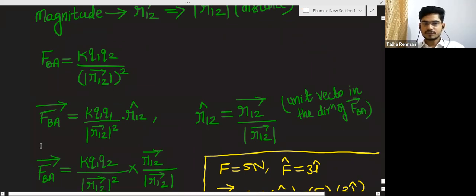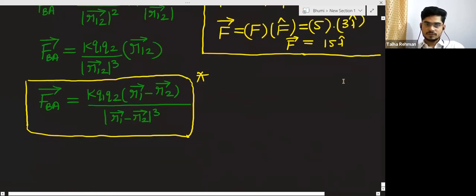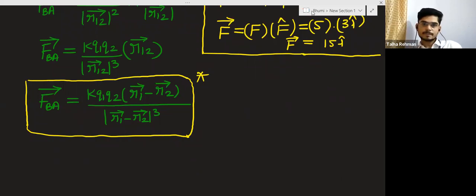R12 is the unit vector in the direction of F_BA.